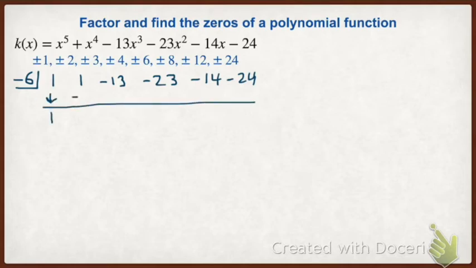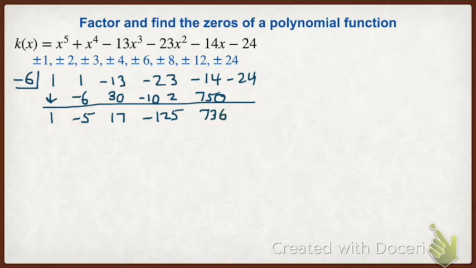So we get 1, we get negative 6, add together, you get negative 5, we get positive 30, we get 17 here. Multiplied together, we get 102. That'd be negative, so negative 125. Multiply that by negative 6, we get 750. We add this together, we get 736.